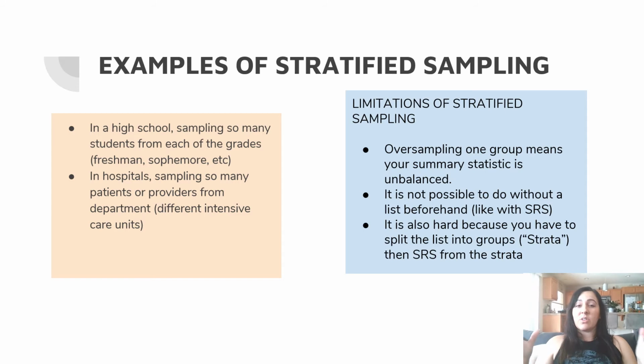So if you're at a school that has a higher dropout rate, you know that your senior class is going to be way smaller than your freshman class, right? And if you want to make sure that you hear from everyone, and you get a good sample of all the different grades, you probably want to stick with stratified sampling over simple random sampling.